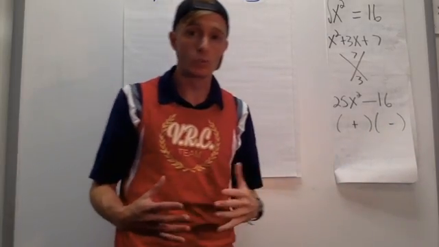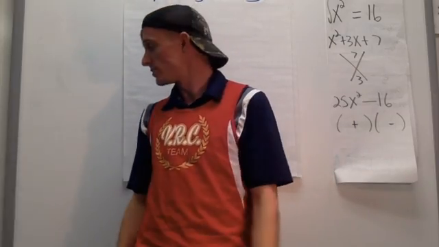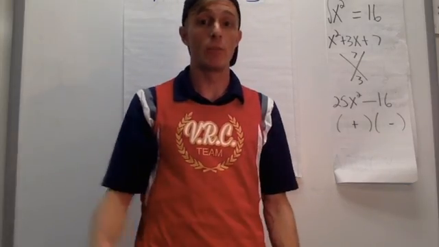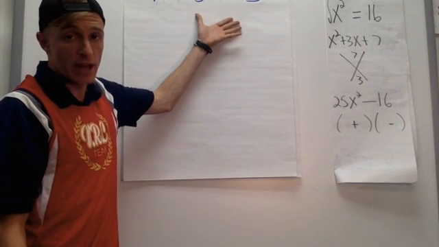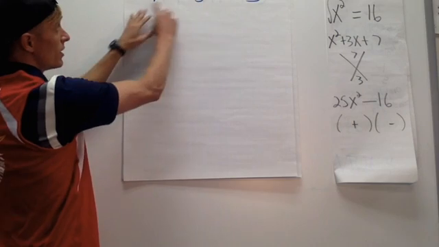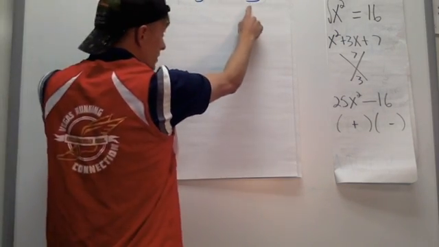Today we are going to learn a method called bottoms up. I know that's a song and you're probably giggling right now, but yes, bottoms up. We use bottoms up when we have a quadratic that looks like this: 2x squared plus 5x plus 3.